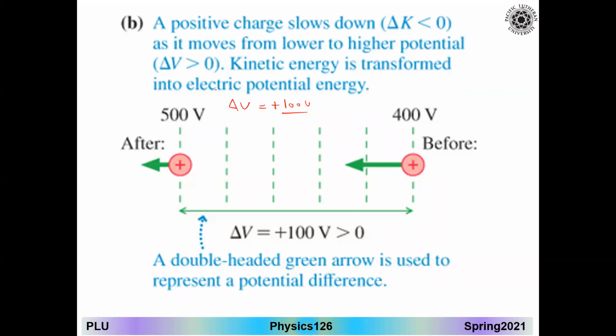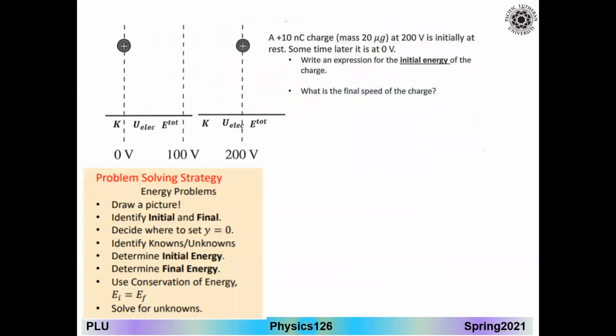So delta V is larger than 0, and in this case the charge moves from lower to higher potential, and the kinetic energy, or the speed, will decrease. Those are the two things you have to keep in mind. We'll apply some examples in the next video, starting with how we find the final speed when we need to consider the electrical potential or the conservation of energy law. Okay, let's stop recording here and continue in the second video.